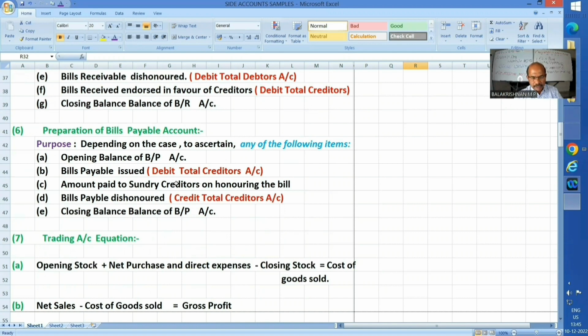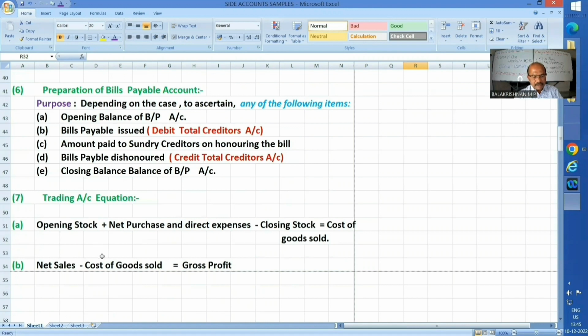Amount paid to sundry creditors on honoring the bill: bills payable to cash book. A payment is made. Bills payable dishonored, opposite of this. Okay. Bills payable account debit to total creditors account. And of course, closing balance of bills payable account. So one among these will be useful to you. Okay. Then only you will be able to finalize the accounts.